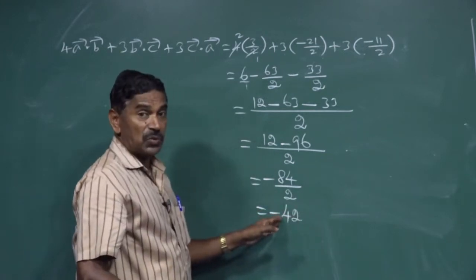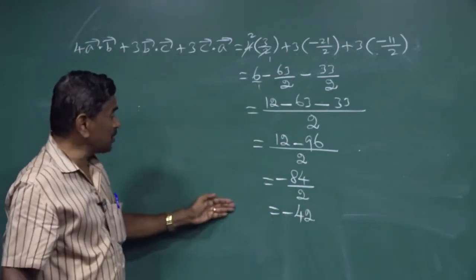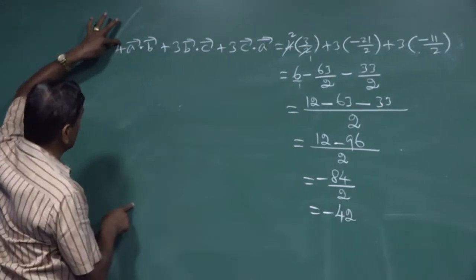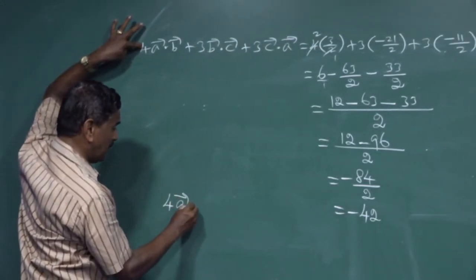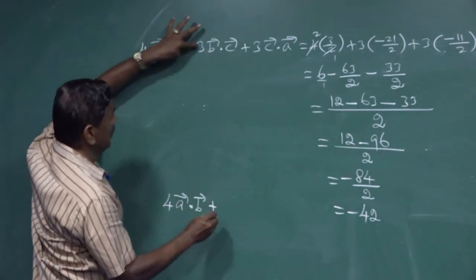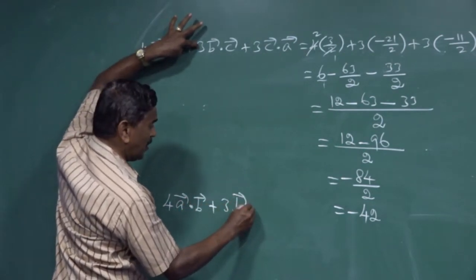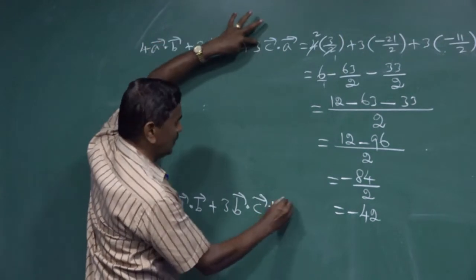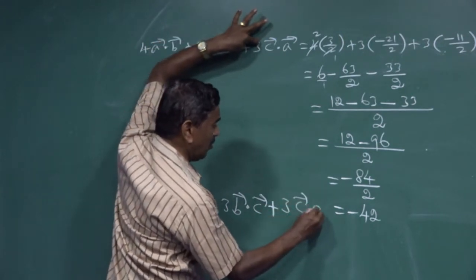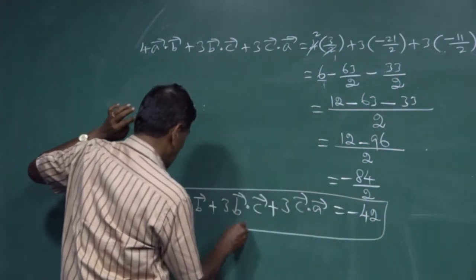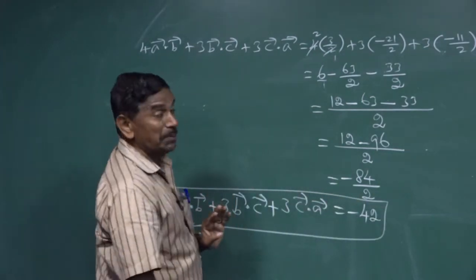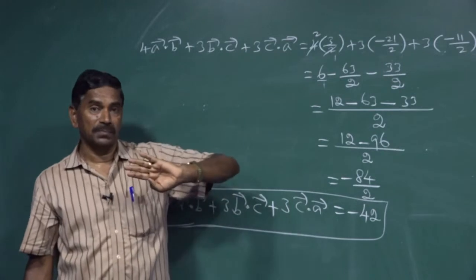Its value is minus 42. Therefore the left hand side, 4 times A vector dot B vector plus 3 times B vector dot C vector plus 3 times C vector dot A vector, is equal to minus 42.